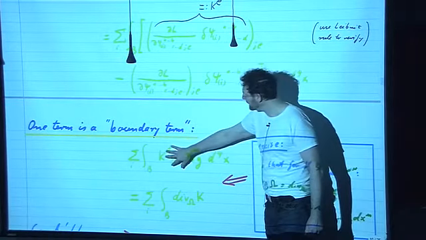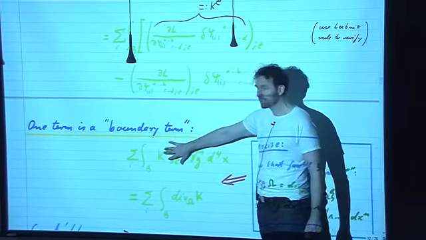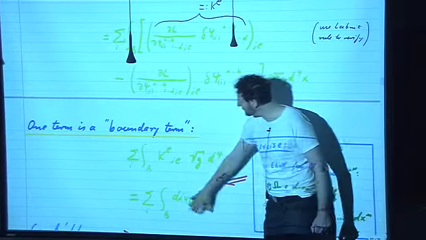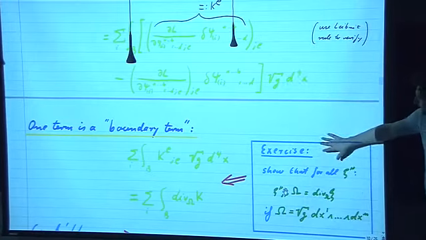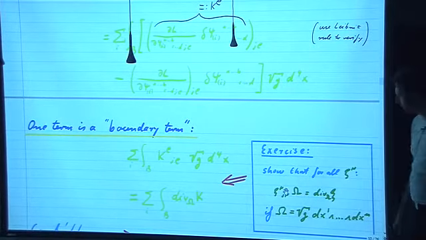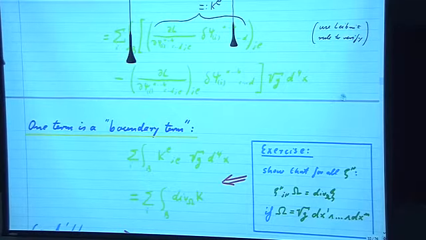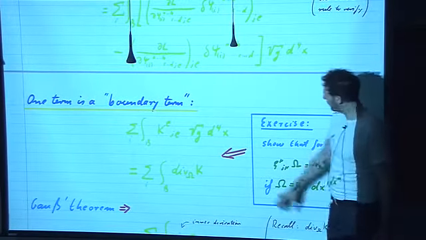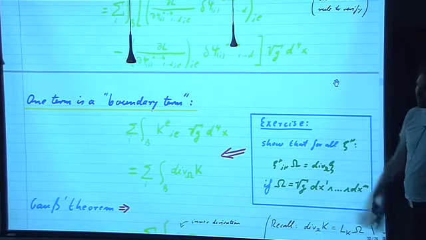Now, to show that in the covariant case, in the curved spacetime case, this is also the divergence, I leave you here with a little exercise to show that. You have all the ingredients already in the notes. What you have to use, though, is that the volume form in question is the metric volume form.